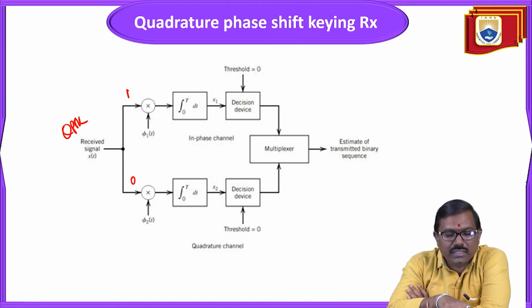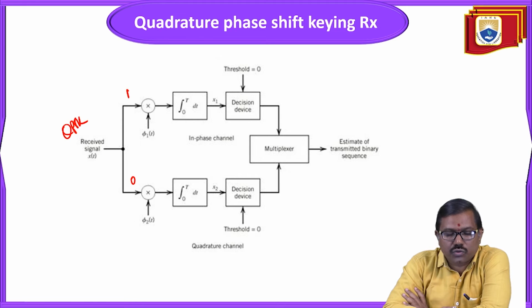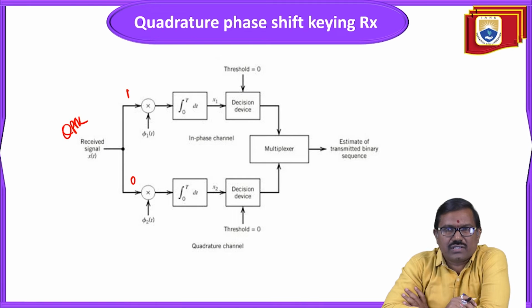Here the phi 1 of t, which matches with the phi 1 of t in the QPSK signal, produces the output from the integrator, and it is sent to the decision making device. The decision making device contains a threshold level, which is nothing but 0 we can take.